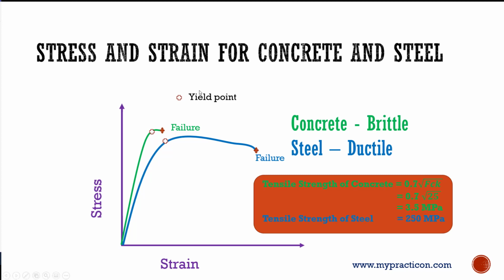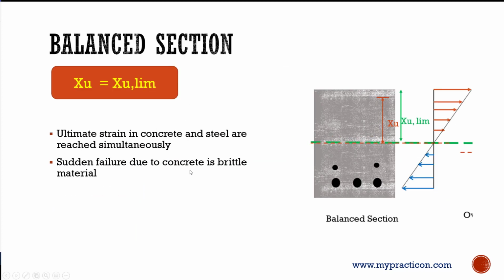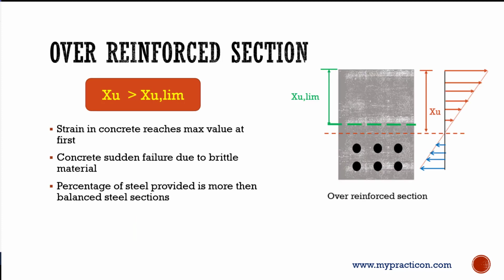That means there is not enough deformation before it goes to failure. So that's why with over reinforced sections, if it takes extra loads more than what we have designed, it may happen that sudden failure will occur without any notice. So that's why in most cases we don't opt for over reinforced sections.